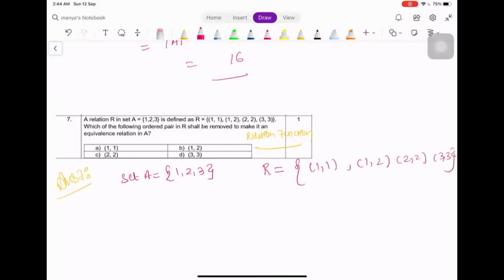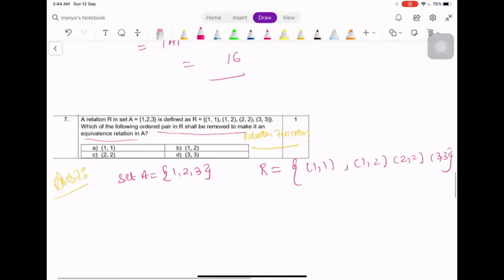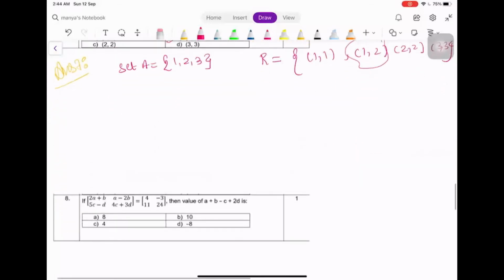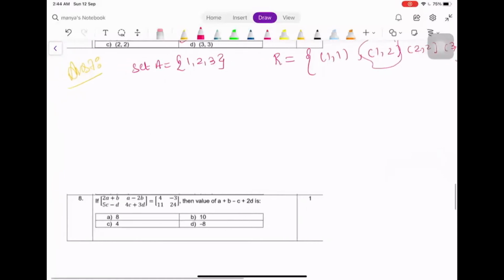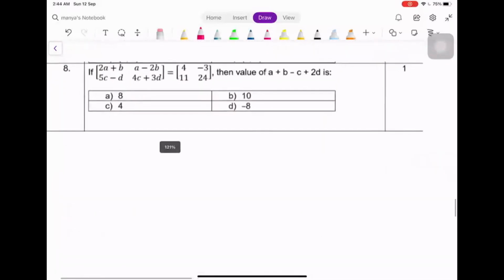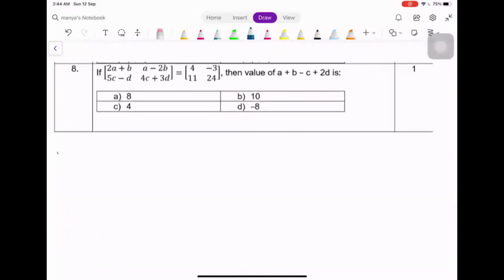Which of the following ordered pairs in R shall be removed to make it an equivalence relation in A? The ordered pair which should be removed to make an equivalence relation is (1,2). So it was also a very direct question, and it is a very known, popular question. It used to come earlier as a subjective question when the subjective paper was also there.